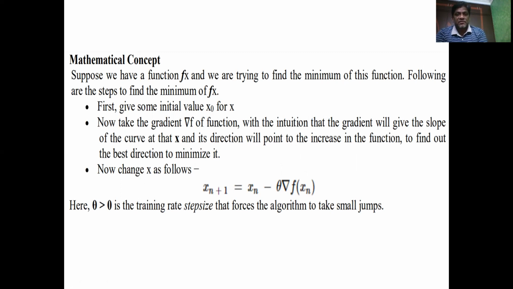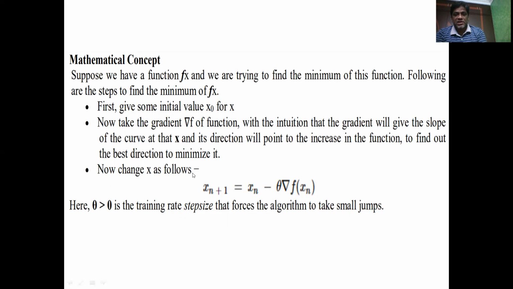Suppose we have a function f(x), and we are trying to find the minimum of this function. Then the steps are: get some initial value x0 for x, and then calculate the gradient, delta f, of the function to find out the best direction to minimize it.